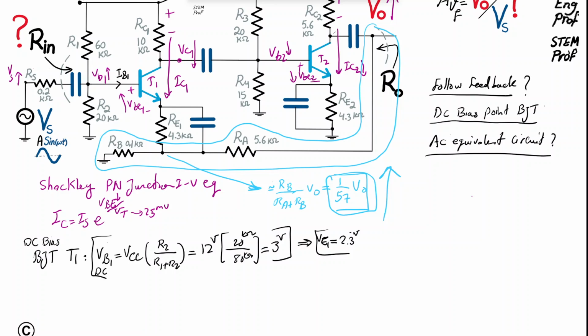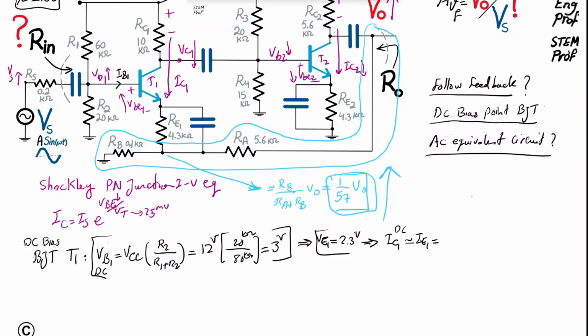So therefore, I can say the DC current of the collector of transistor 1 is roughly equal to the current of the emitter, given that we make the assumption these are transistors with beta at least 100 or 200. Let's go with 100. The current gain of transistors. So I'm going to make the assumption collector and emitter currents are roughly the same because of large beta.